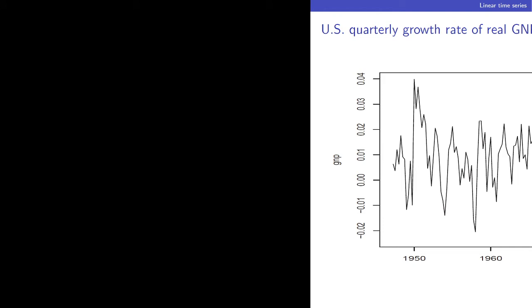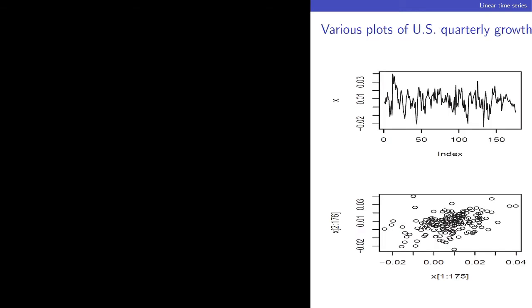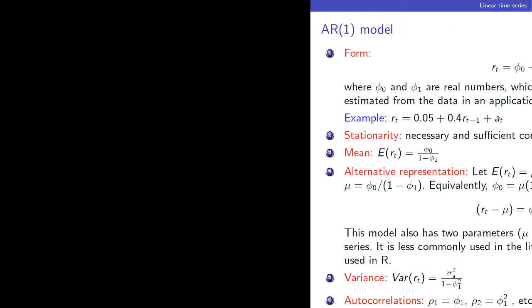Now, here we have a US quarterly growth rate of real GNP, 1947 to 1991, in several different plots. In order to get a better grasp of how AR models work, I'm going to be working with AR(1) models first, in which we are picking up our growth rate as a function of the growth rate in the previous period and a shock factor.